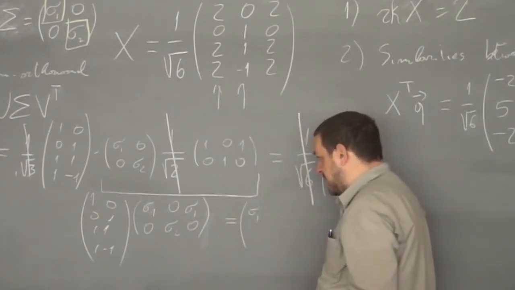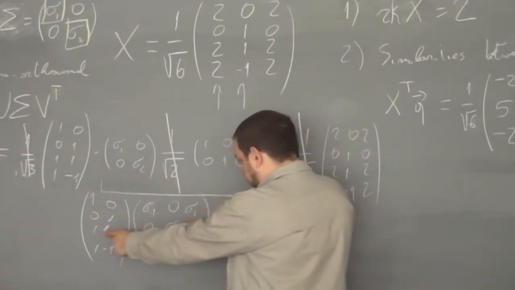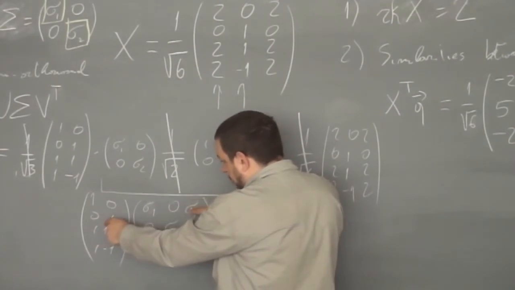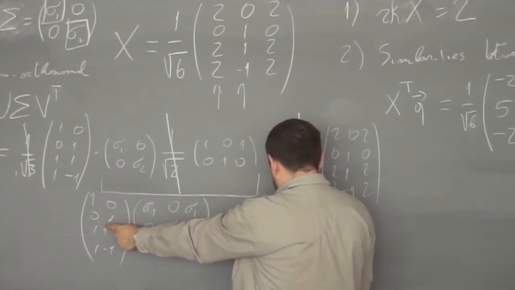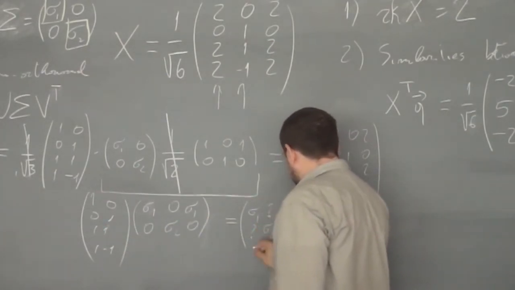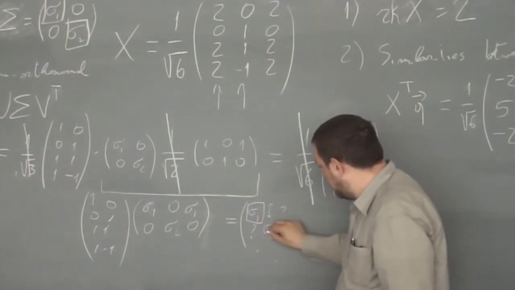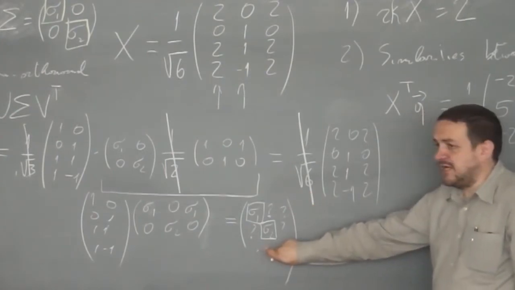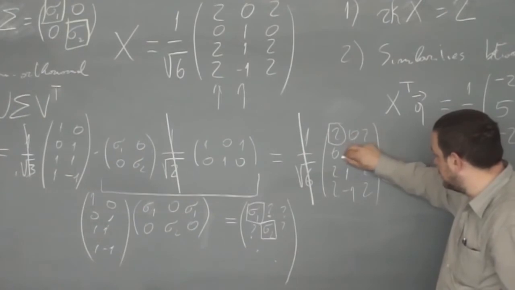Then we compute something that contains sigma 2, for example the second row by the second column, which gives sigma 2. We can leave all other numbers indeterminate, because now we know that if this matrix must be equal to this, then sigma 1 must be 2 and sigma 2 must be 1.